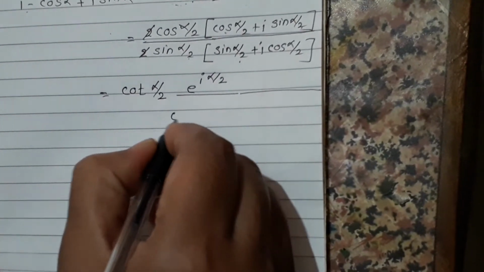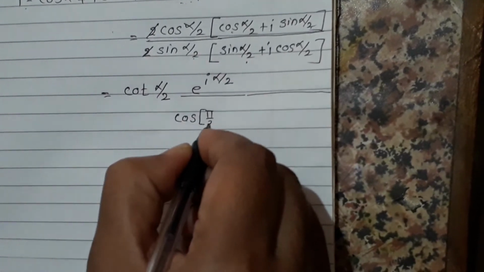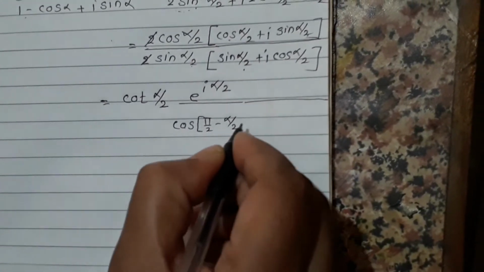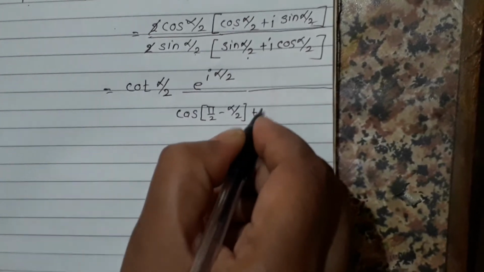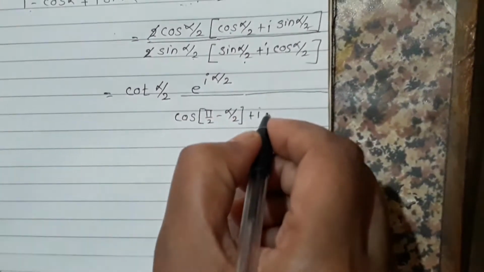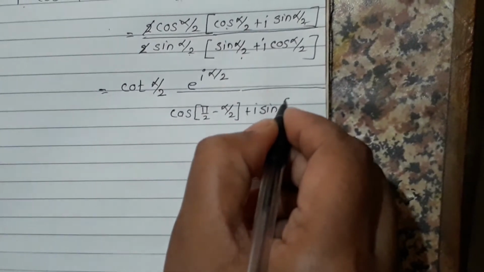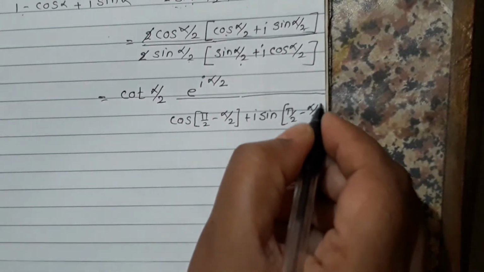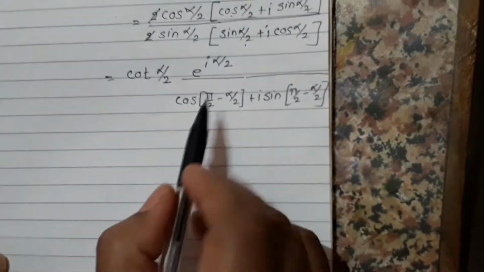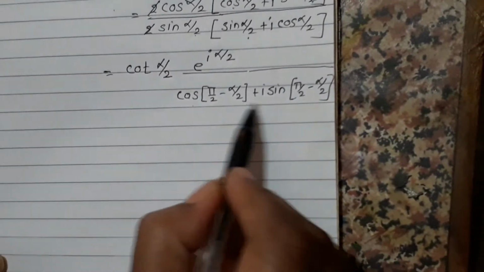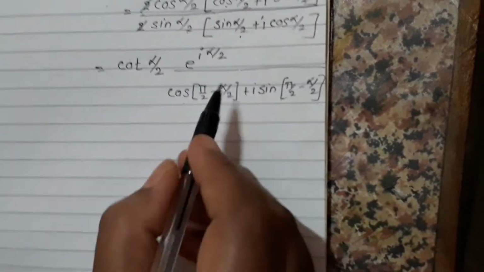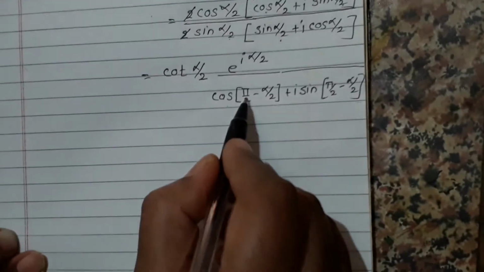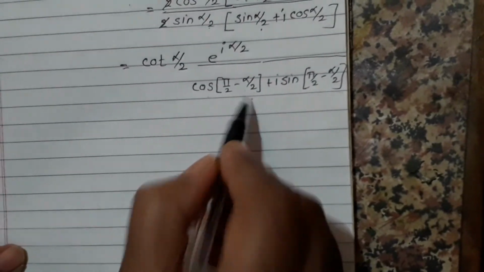It can be written as cos of (pi by 2 minus alpha by 2) plus i into, that cos can be converted into sin as sin of (pi by 2 minus alpha by 2), and therefore it is converted in the form of cos theta plus i sin theta. Simply in place of theta there is pi by 2 minus alpha by 2.